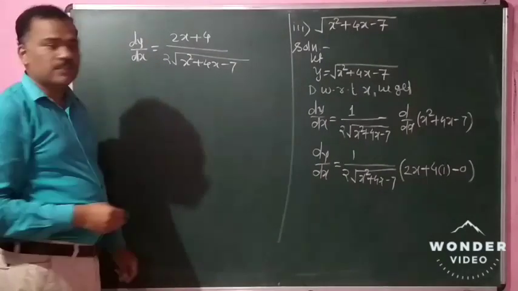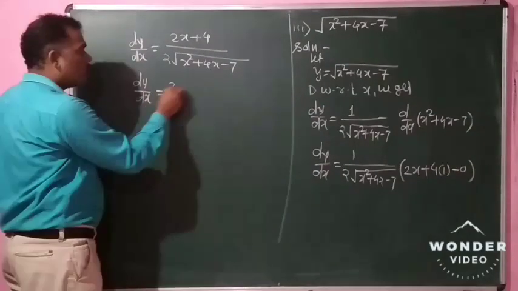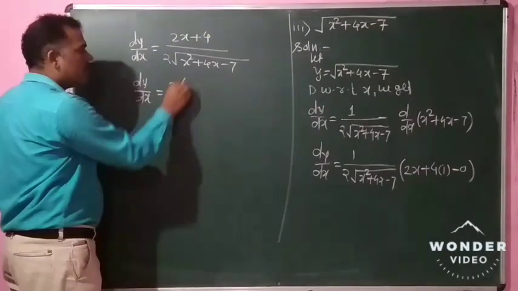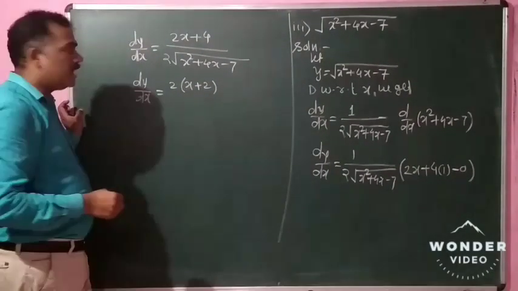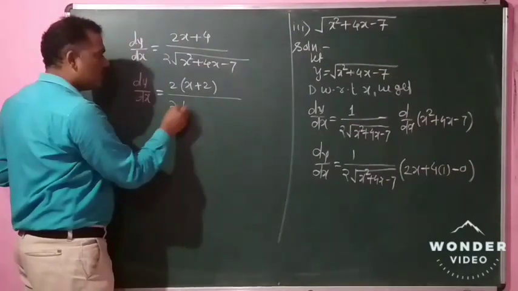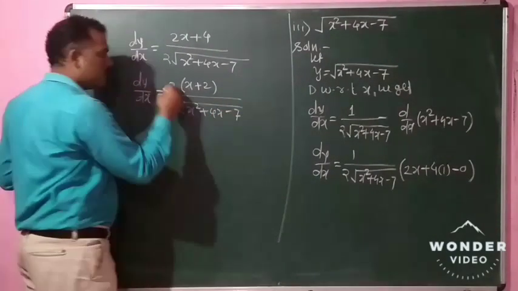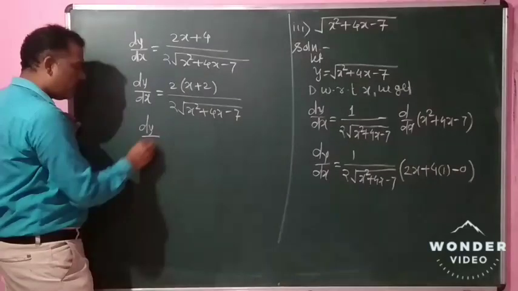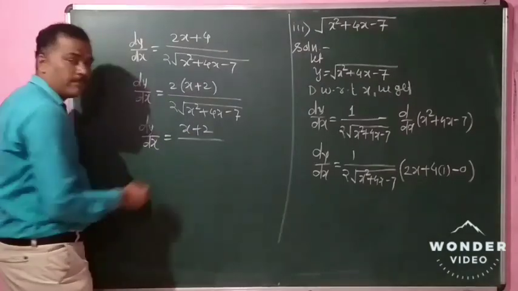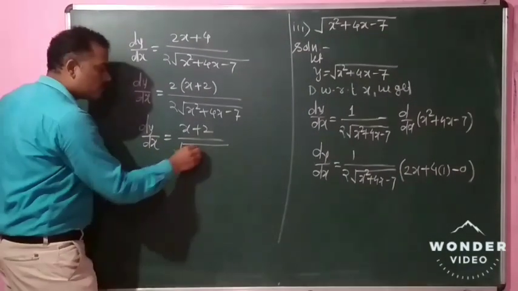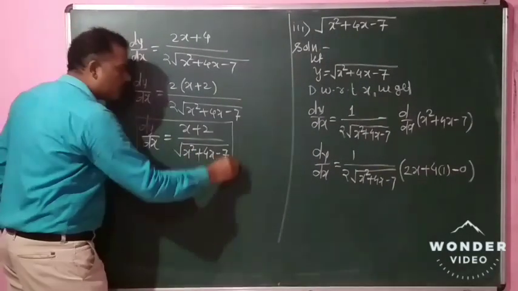From the numerator we have to take the 2 common, so that dy by dx is equal to 2 into x plus 2, that is 2 times x plus 2, divided by 2 into under square root of x square plus 4x minus 7. The 2 gets cancelled, so that dy by dx is equal to x plus 2 divided by under square root of x square plus 4x minus 7, which is the required answer.